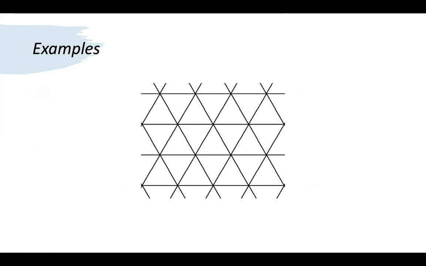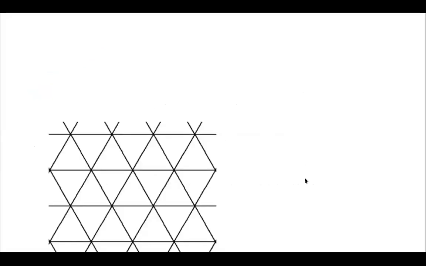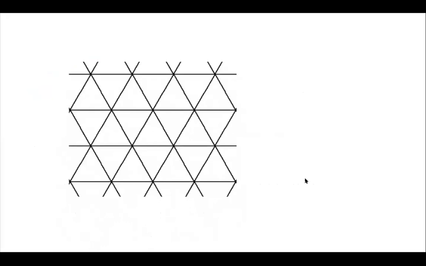Okay, so let me go to my iPad again. So this is what happens when you do it for a triangle. So you fix the triangle, say this triangle was fixed. And now, quite amazingly, all other triangles just collapse on it.